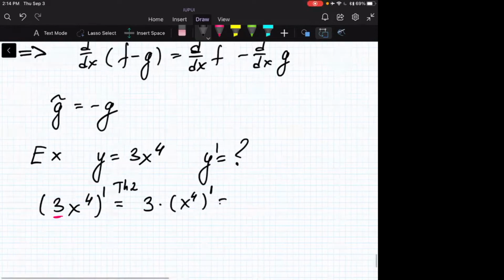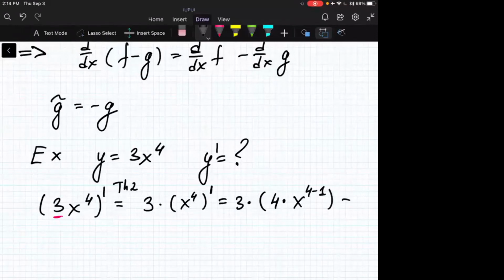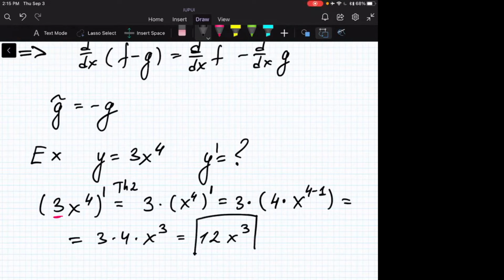But then I know how to differentiate x to the power n, in this case x to the power 4. So it's 3 times the derivative of x to the power 4: you put 4 in front of the function, then multiply by x to the power which is 1 less than the initial one. And finally, you get 3 times 4 times x to the power 3, which is 12x to the power 3, 12x cubed. And this is the final answer.